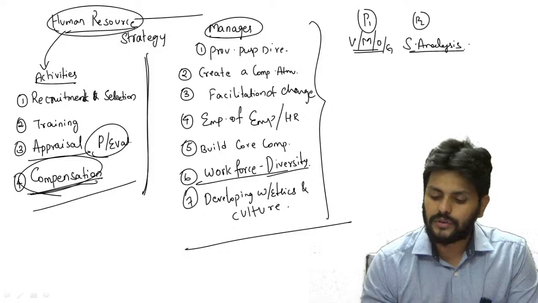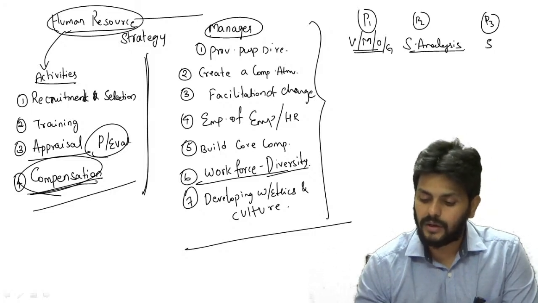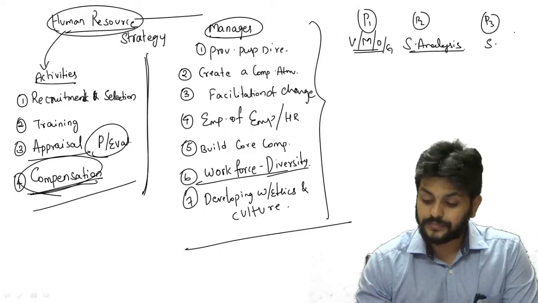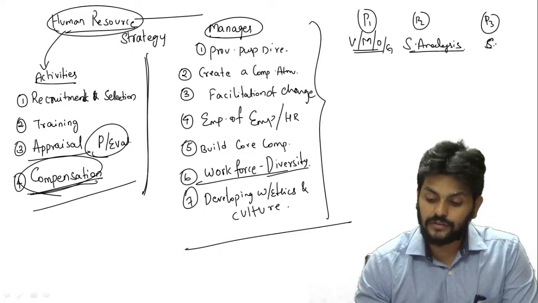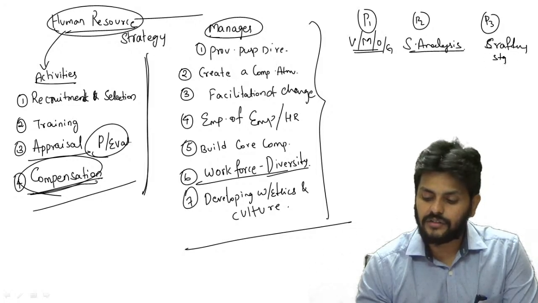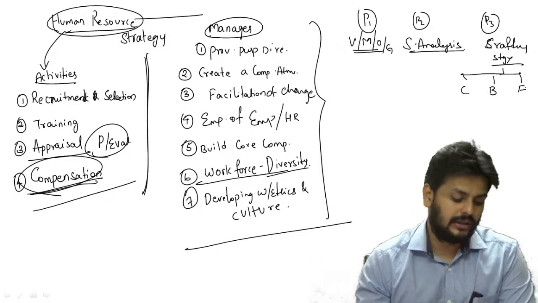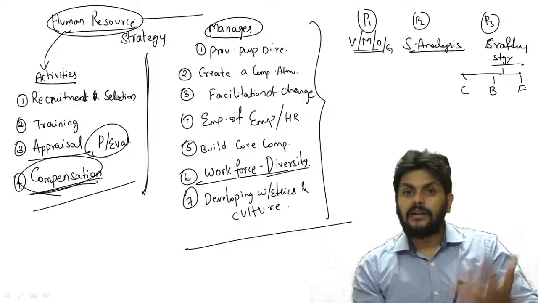Phase 3 is about crafting a strategy or strategy making, which is broken down into corporate level, business level and functional level strategies. I hope everybody has understood till here.